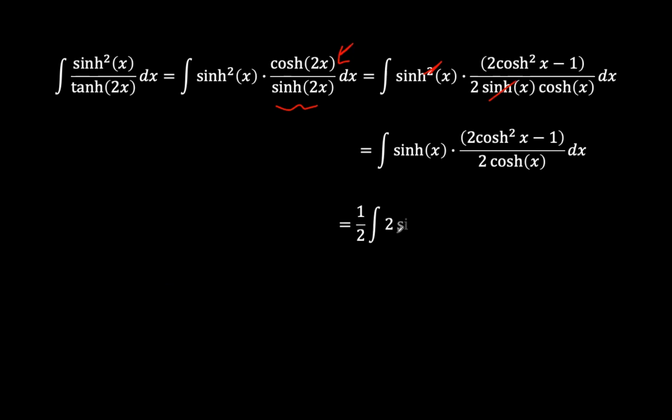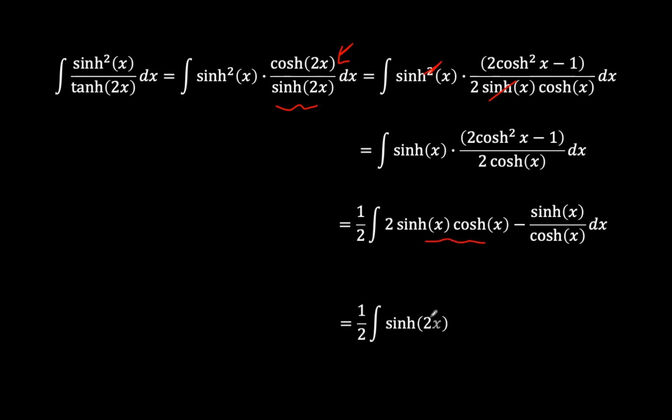Now we can pull the half out, and we have this multiplied by this divided by this. Since this cancels with one for this term, we have 2 hyperbolic sine x times hyperbolic cosine x minus hyperbolic sine x over hyperbolic cosine x. And the first term is the same as hyperbolic sine 2x.